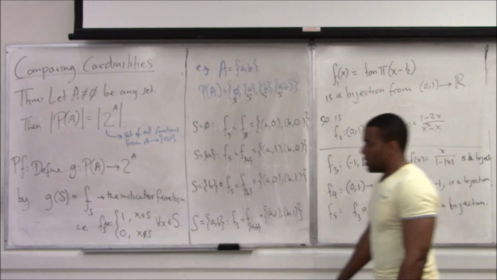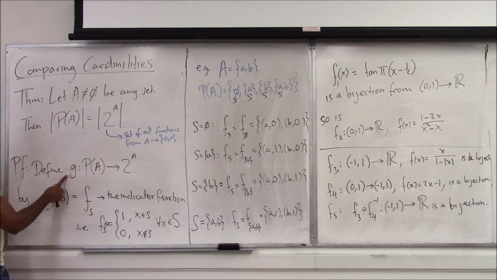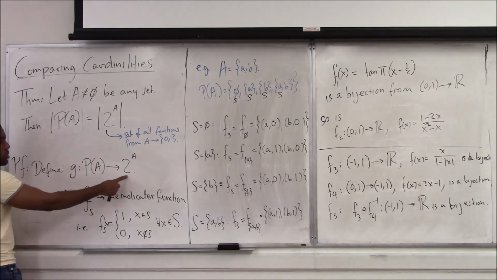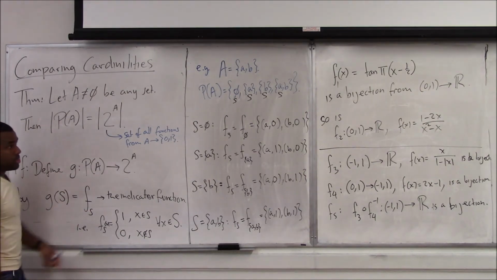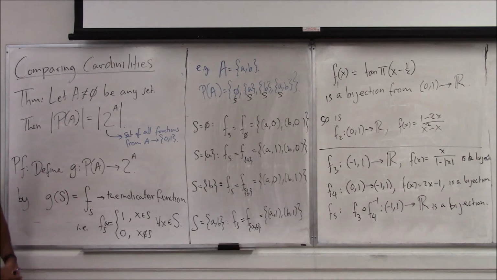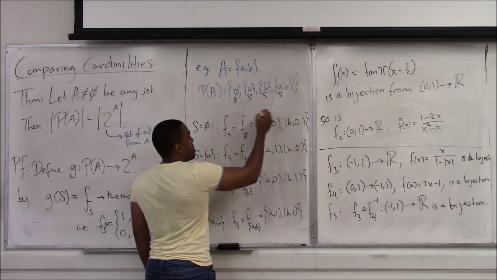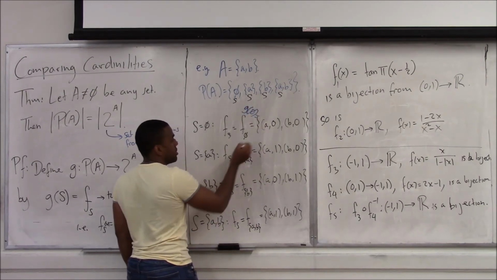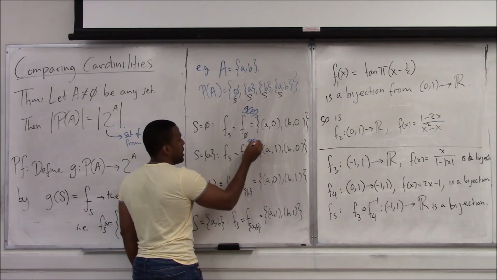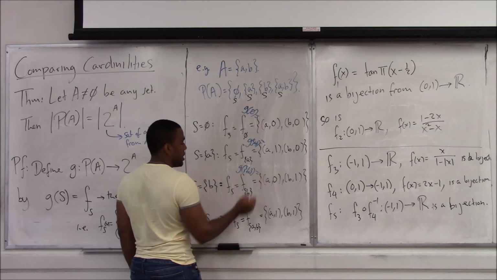So G goes from the set of all subsets to this set, where G of a subset is just going to be this function. In other words, G of the empty set gives me that. G of the set containing A gives me that. G of the set containing B gives me that.